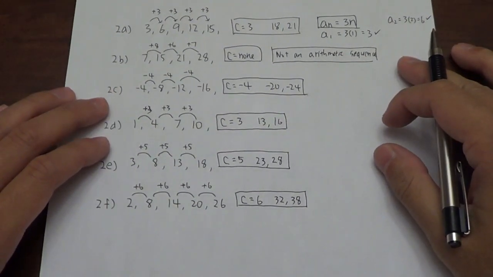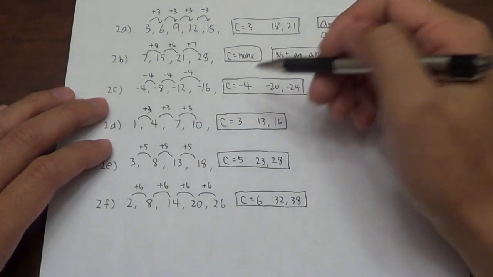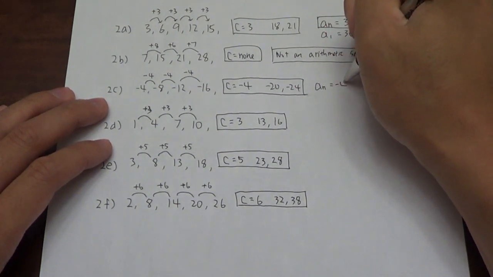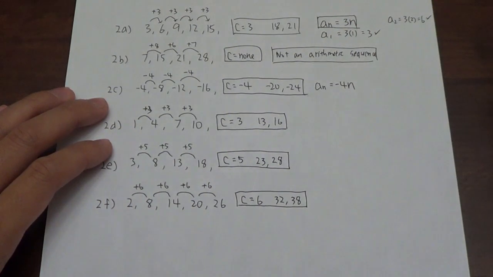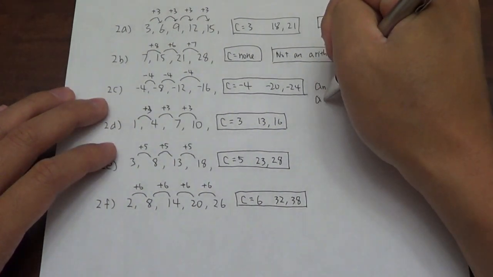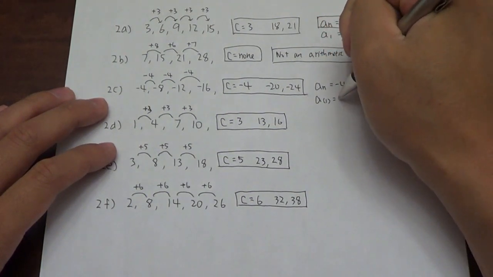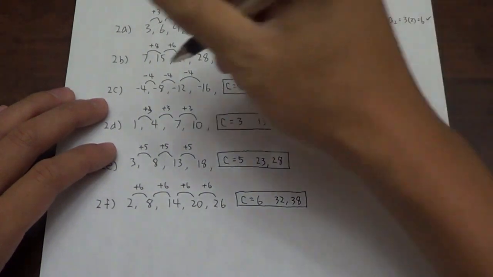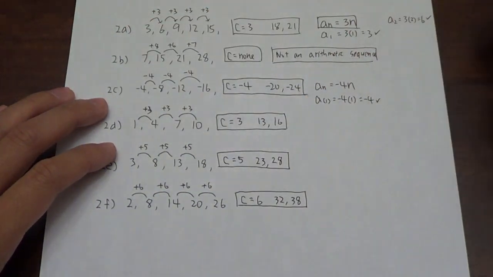Alright, 2c, we have -4, so right away we can write -4 times n. Alright, and we'll go ahead and plug in the first term just to double check. Right, -4 times 1 will give me -4, and that is our first term, so that is correct.